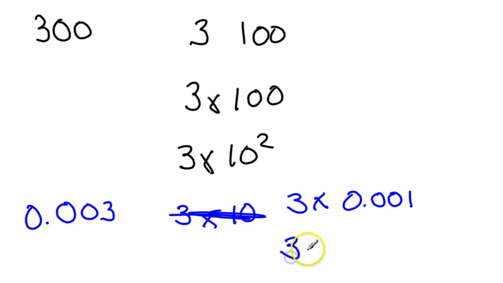And 3 thousandths is 3 times 10 to the minus 3. So it works by separating out all the values of 10. That's really what we're doing in scientific notation.